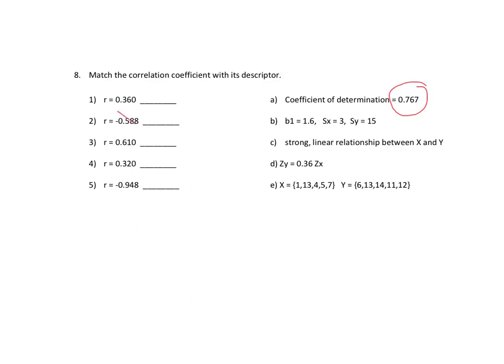So this is supposed to say negative 0.767. And that 0.588 is supposed to be there. So I ended up taking the square of the determination rather than the square root. But the other 4 were exactly correct, which means that even if 2 was wrong, you still could have got it by process of elimination.